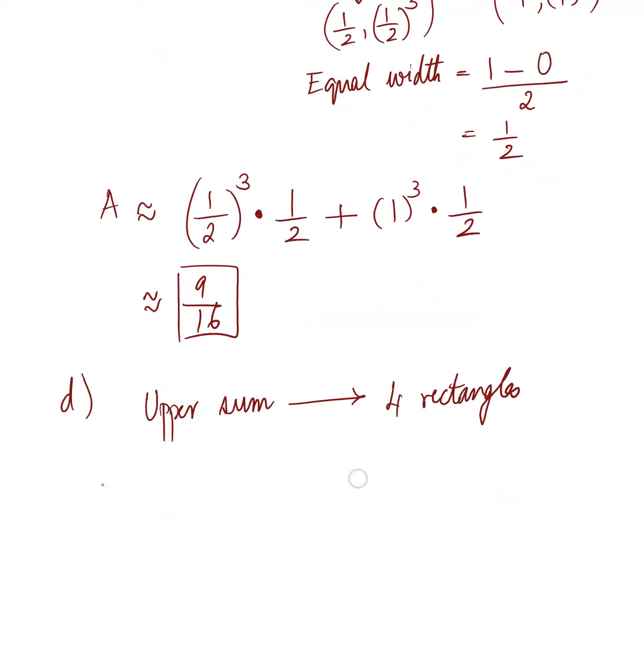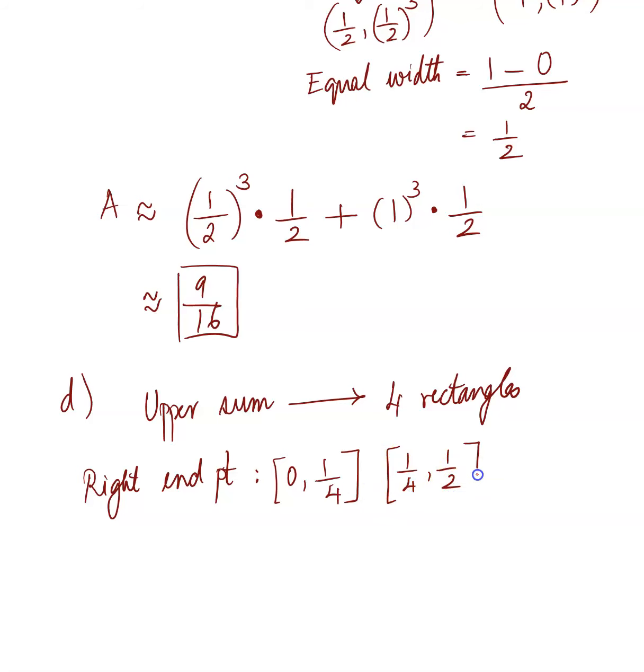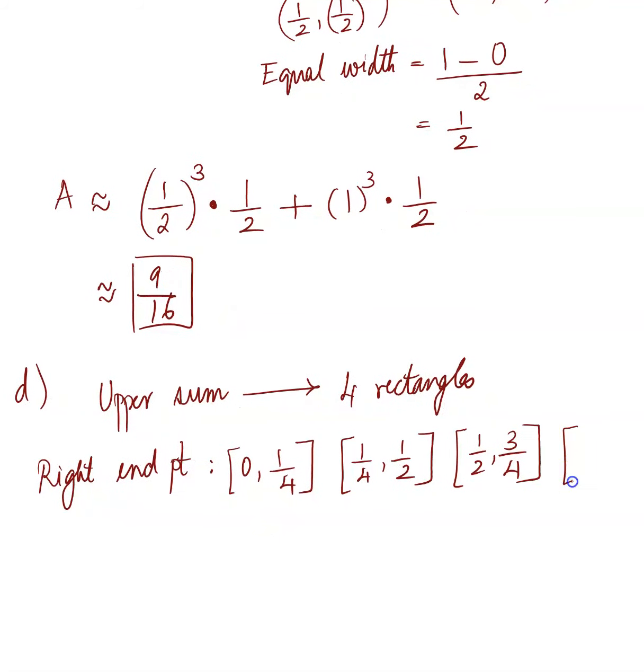Because it's the upper sum, once again it's the right end point. We have 4 rectangles, and then we have 3 over 4 to 1.